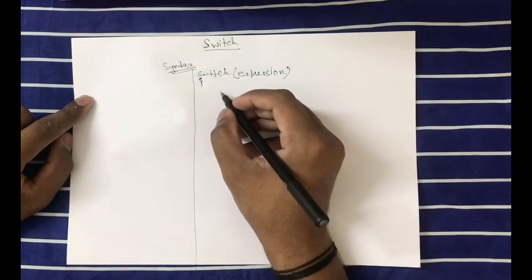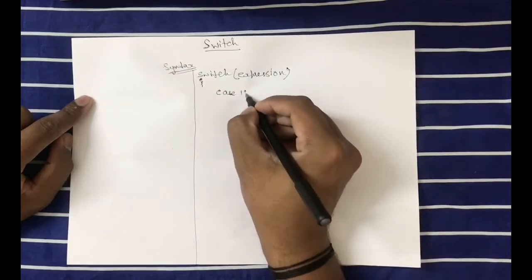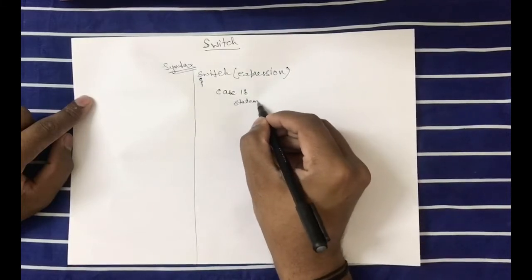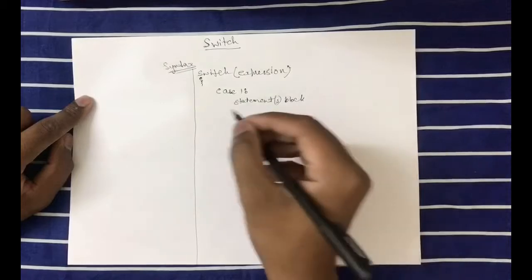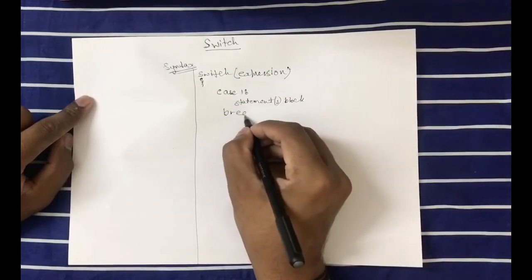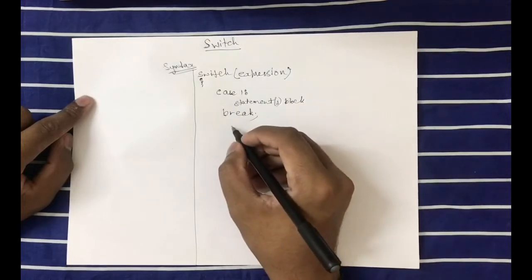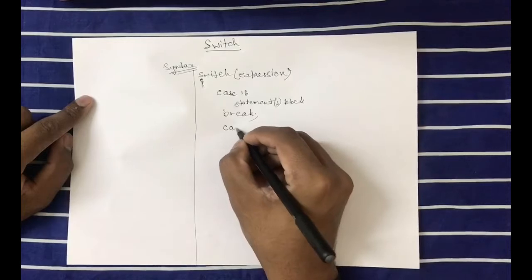Now we would be giving multiple cases. Case 1, then its related statement block, then break, which stops the execution. Now if I want another condition or another expression, I'll just pass case 2.